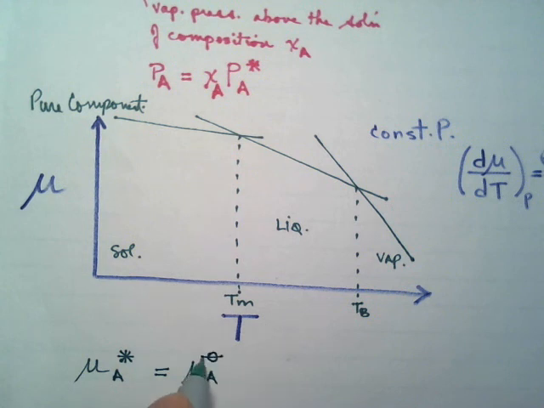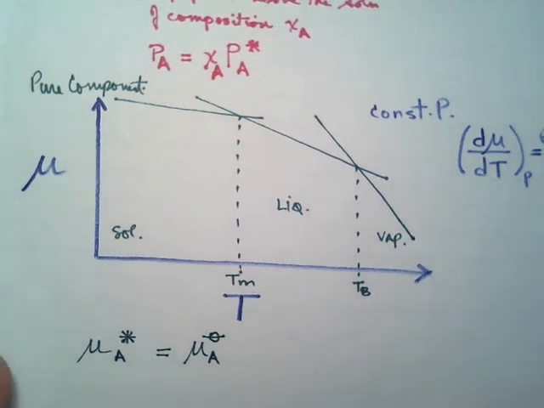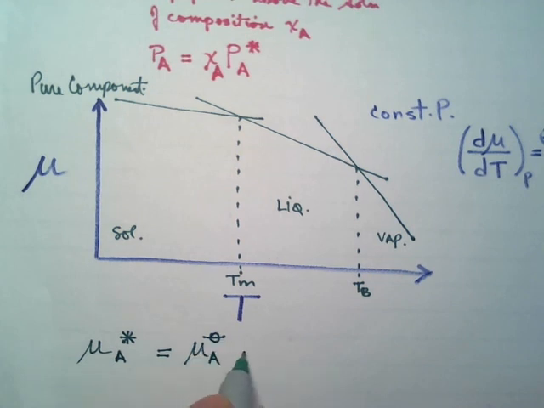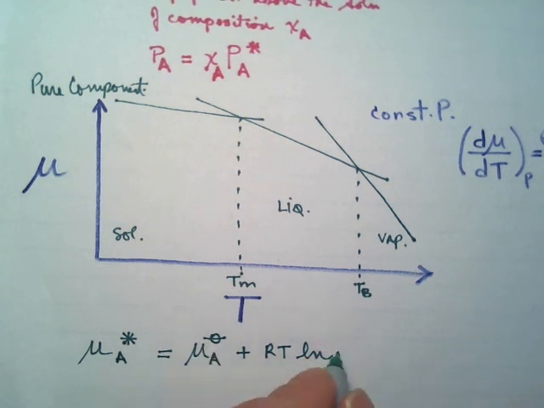It's equal to the chemical potential for the pure liquid at a standard pressure plus RT ln. So this little bit here is kind of tweaking this because, say, that's not at the standard pressure. It's at this temperature. It's the ln of pressure, and because this is pure, this is PA pure. So that makes sense. The chemical potential of the pure liquid is equal to the standard plus RT ln the vapor pressure of A pure.